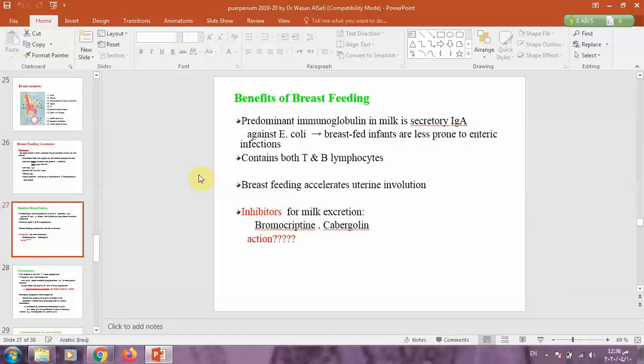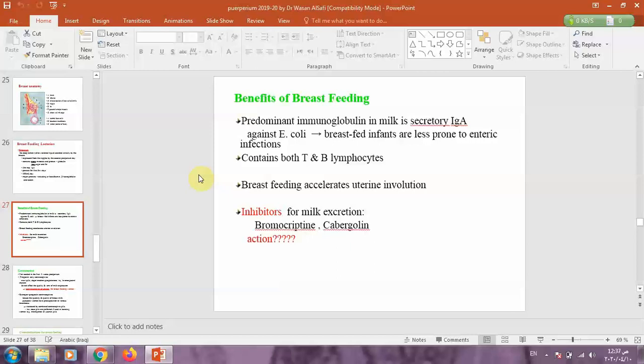It contains both T and B lymphocytes, so this will encourage immunity in the neonate. Breastfeeding accelerates uterine involution, as we mentioned in the previous slide, as there will be an endogenous oxytocin release, and this will cause contraction of the uterus, so it will decrease the incidence of postpartum hemorrhage.